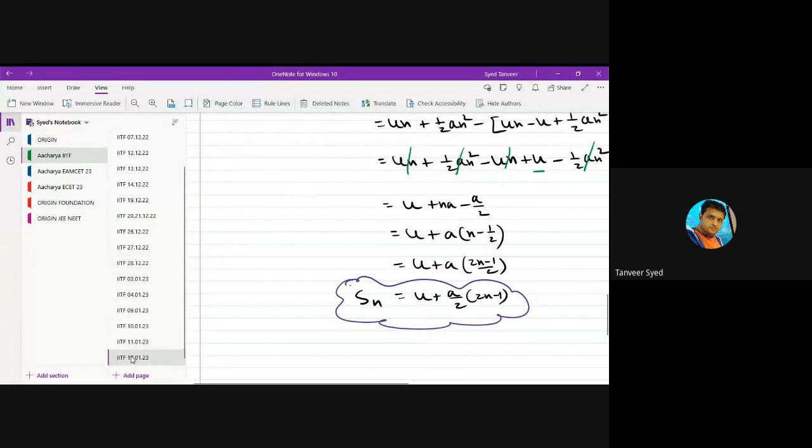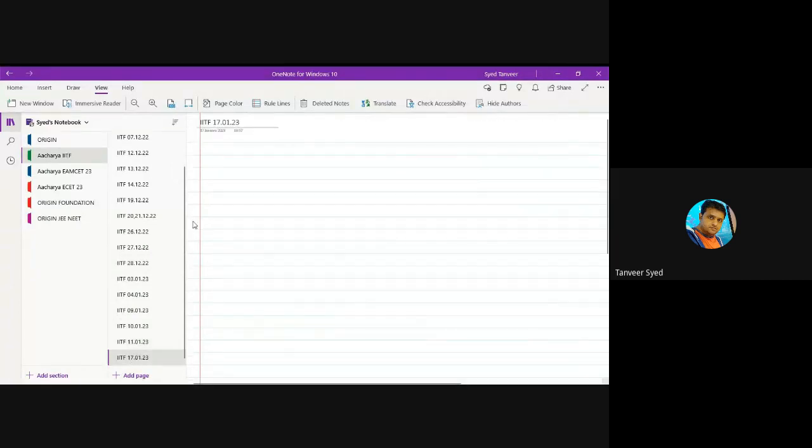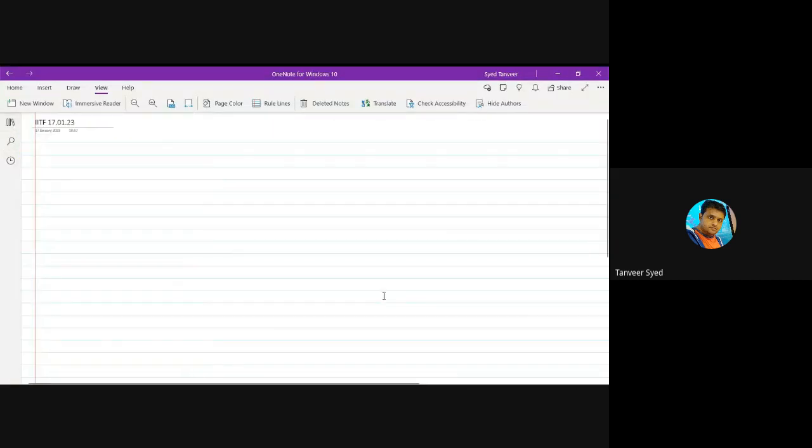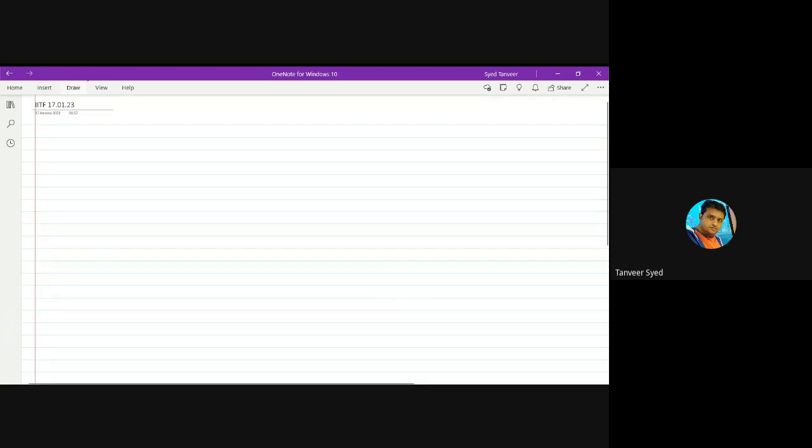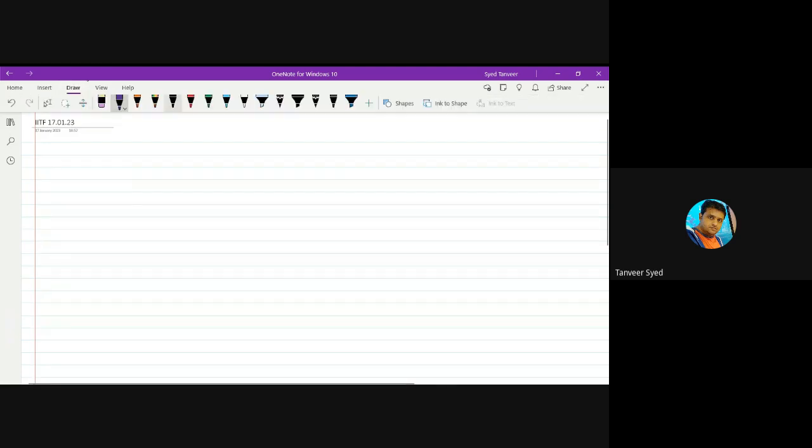Right. Now let us see how to solve questions using these equations. To solve questions, you must understand these equations, not just remember.